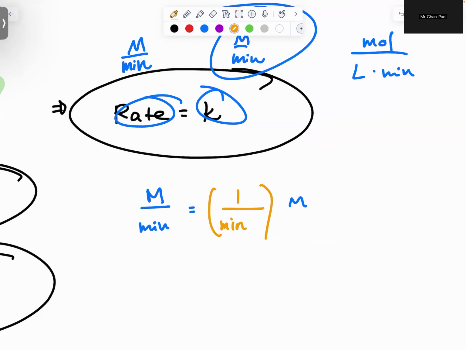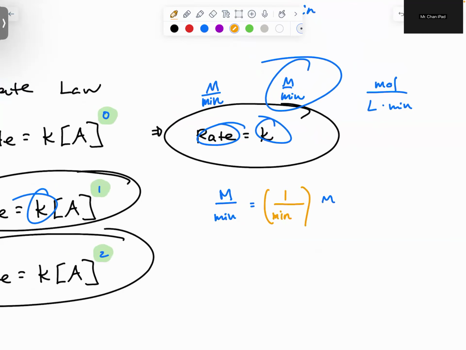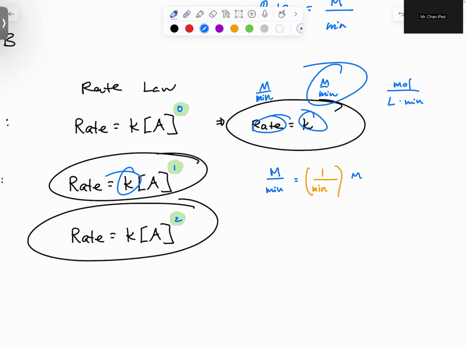So the way you think about the unit of K, you don't have to memorize it. You just have to figure out the simple math. It's an equation. They have to match up. So with this understanding, let's keep pushing. What about the unit of K for a second order reaction?